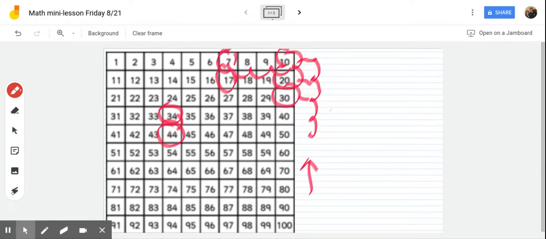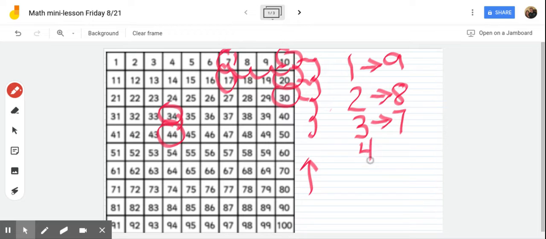Okay, so what I want every third grader to memorize is this. If I'm on 1, I have to add 9 to get to the number 10. If I am on the number 2 in the ones place, then I have to add an 8. If I am on a 3, then I would add 7.